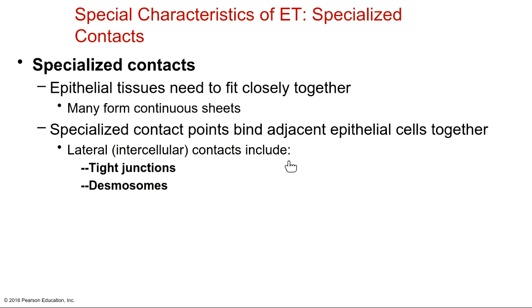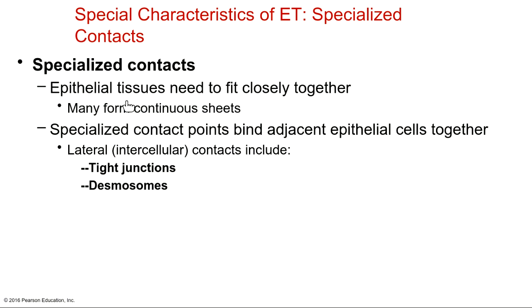So the second major characteristic of epithelial tissue that you need to know is that the cells that make up epithelial tissue form very specialized contacts with each other. And again, this is pretty unique. For example, you don't find this in connective tissue.